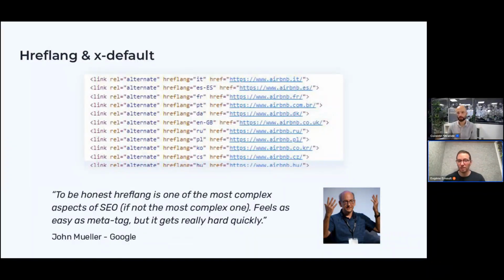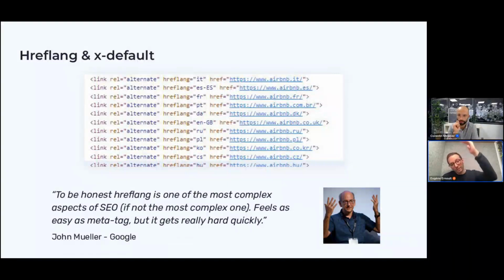But basically what it does, it's a short code snippet, short lines of code on your website in the header that says to the Googlebot when it looks at your website that this specific page, so I think the example here was Airbnb.com, is for the English language, but this page is also available in other languages.